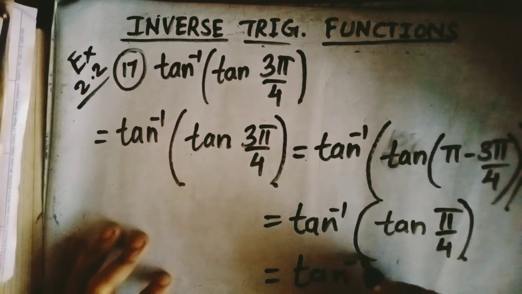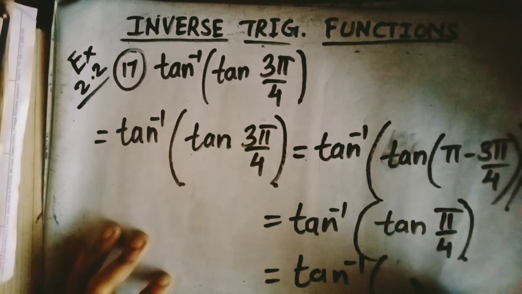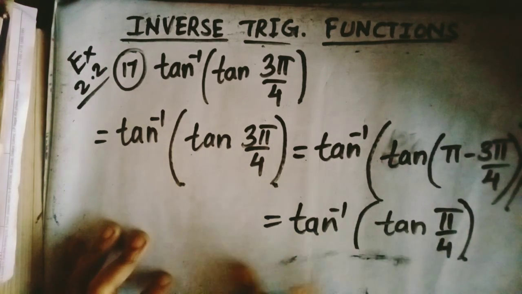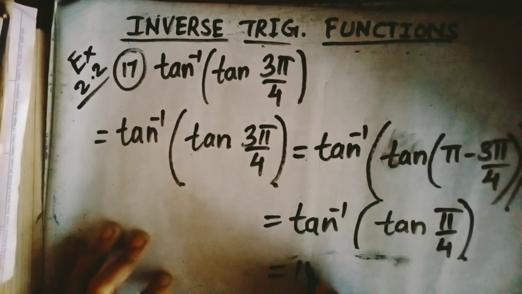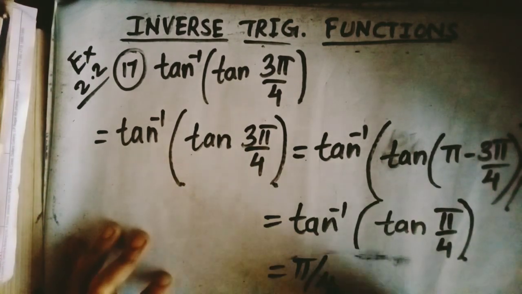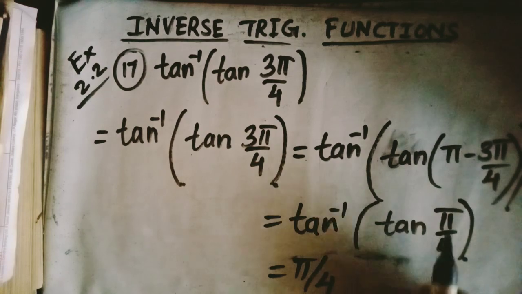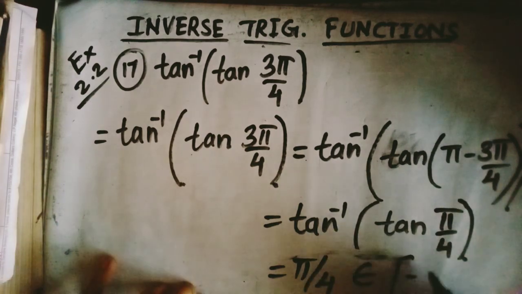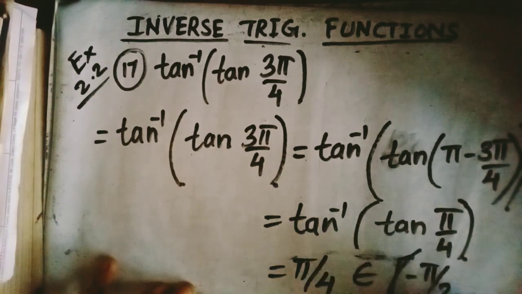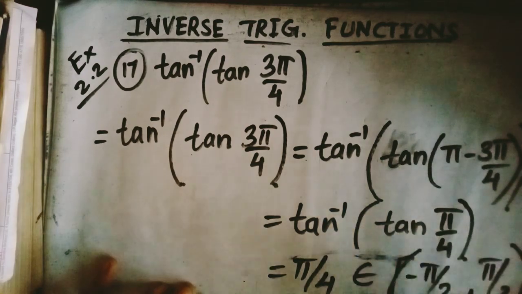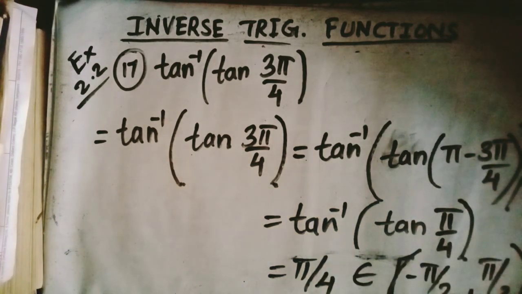So we can directly apply this, and we'll get pi by 4. Now pi by 4 is 45 degrees, which belongs to our minus pi by 2 to plus pi by 2 open interval.